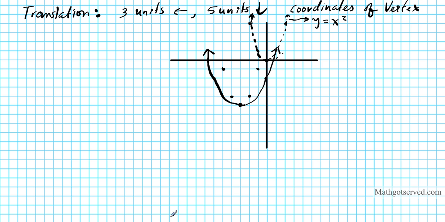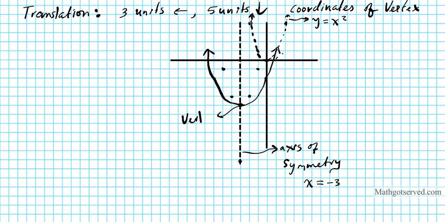Now let's label the graph. The line that divides the graph into two congruent graphs is known as the axis of symmetry. So this is the axis of symmetry, and the equation is x equals -3. This little point right here is the vertex, and the coordinates are -3 and -5.